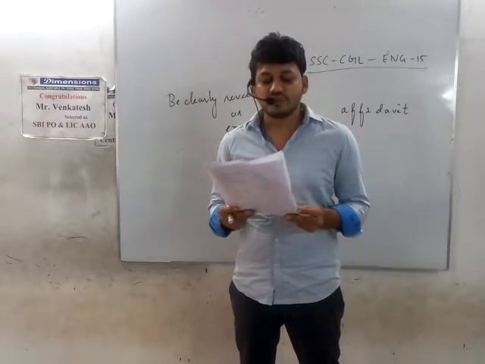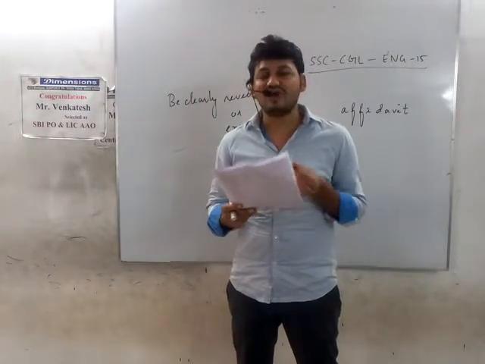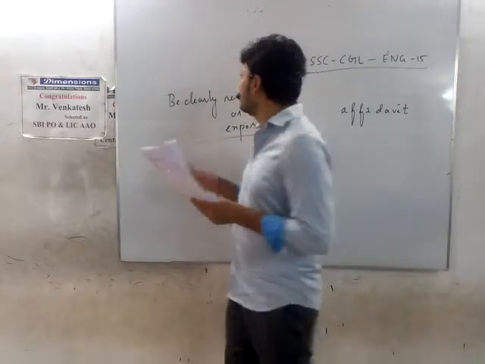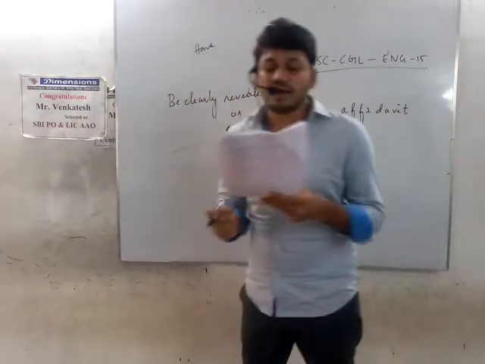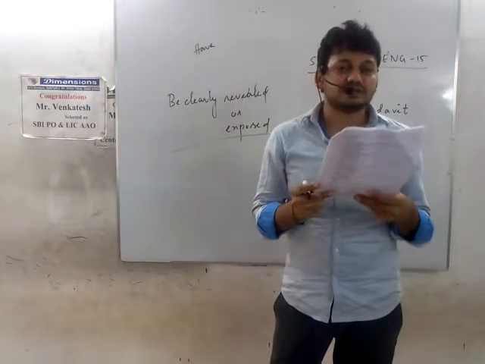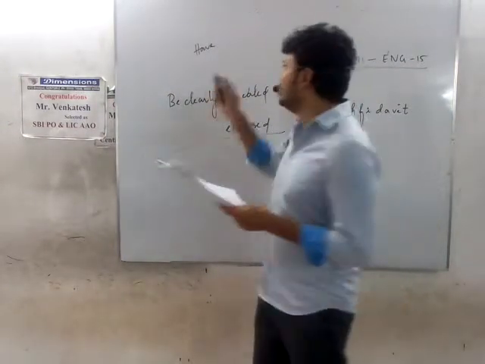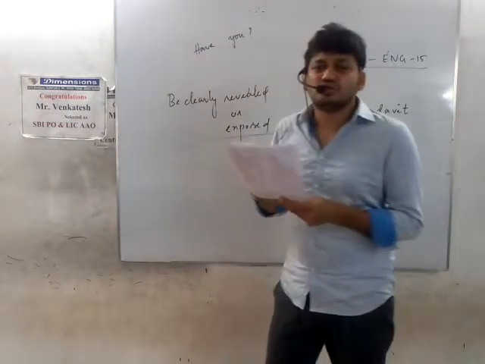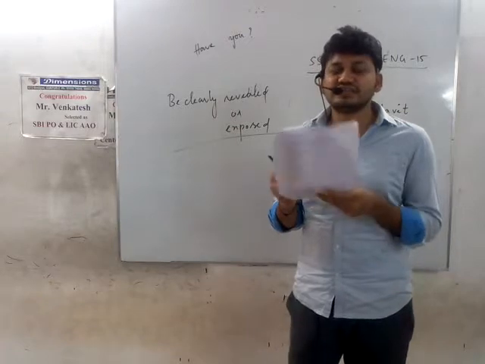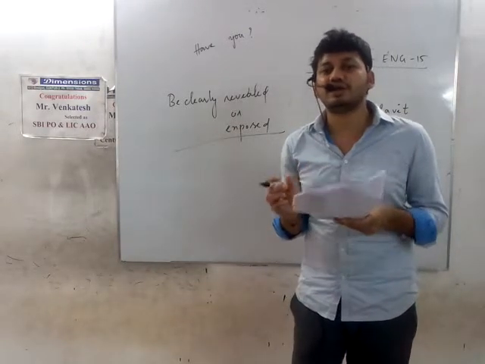Now, you have been working hard. What is the auxiliary verb in this? The auxiliary verb in this is have. And what is my subject? My subject is you. Will have you be correct? Not at all. Because is the sentence positive or negative?